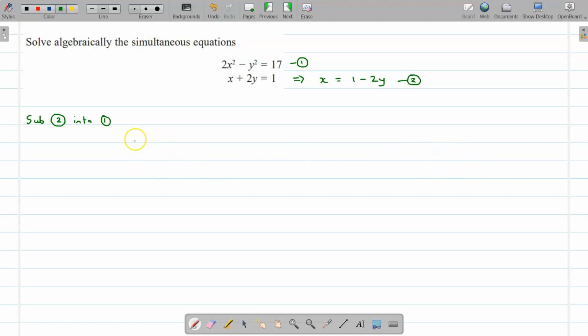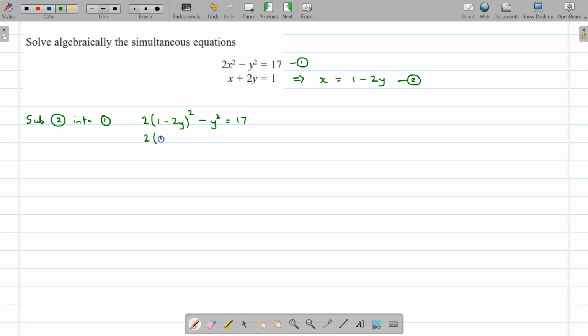Okay, so let me do that. So basically this becomes, instead of 2x squared, 2 lots of (1 minus 2y) squared, minus y squared equals 17. Expand out the brackets, leave the 2 there for the moment.